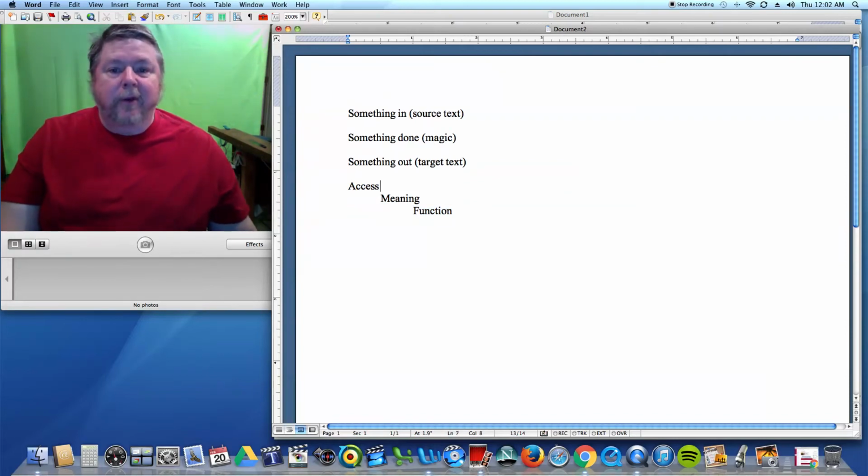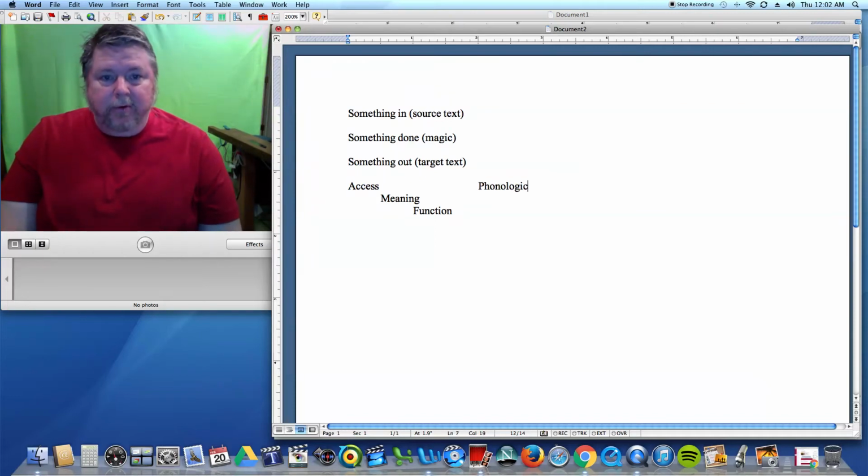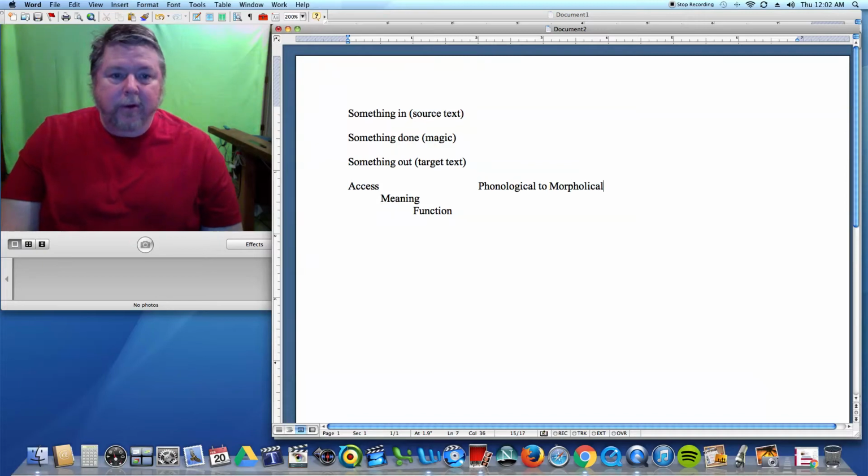Access is largely a phonological to morphological level of processing. Meaning is essentially semantics, but we can think of it as being syntactic to semantic processing.